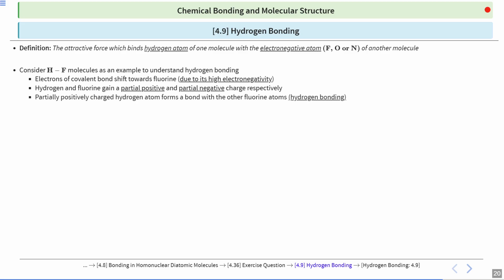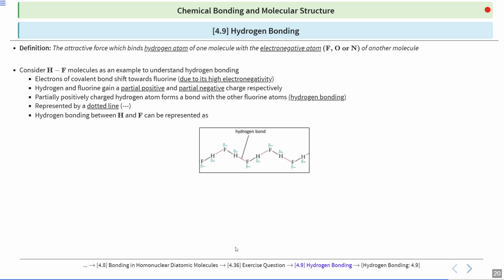This interaction makes them come closer to each other and sets up a force which is called hydrogen bonding. This hydrogen bonding is represented by a dashed line, and for hydrogen fluoride it can be represented as in this figure. We have one hydrogen fluoride which is bonded covalently. Then we have another molecule of HF.